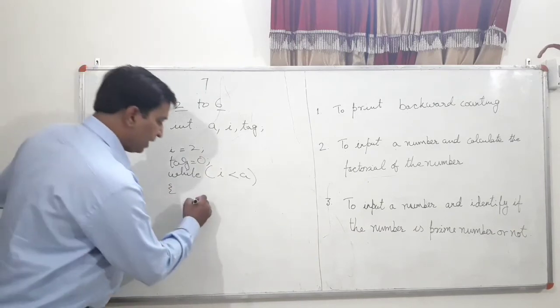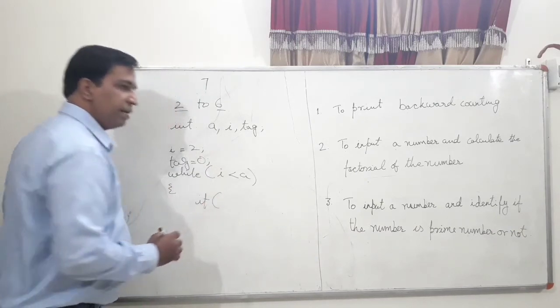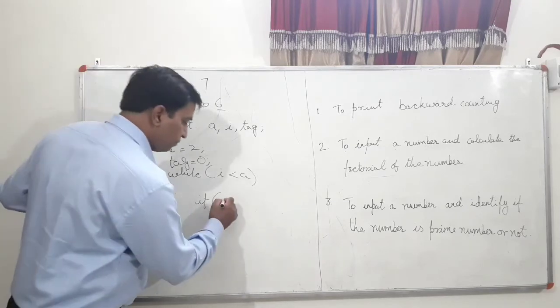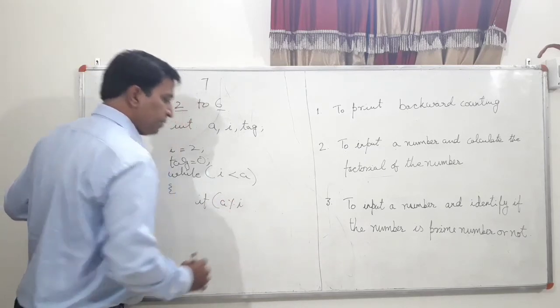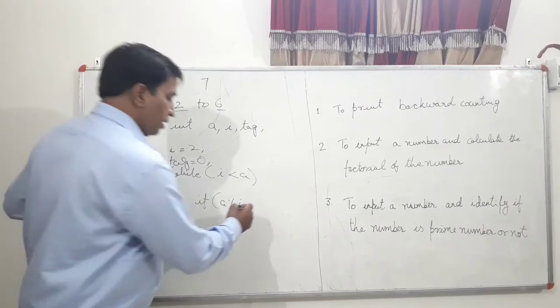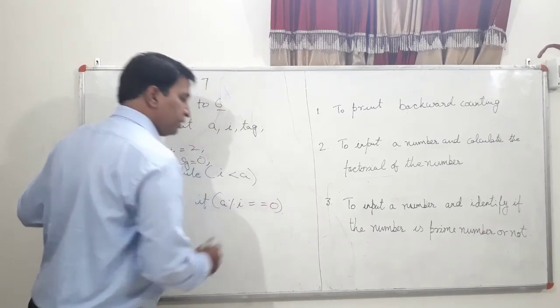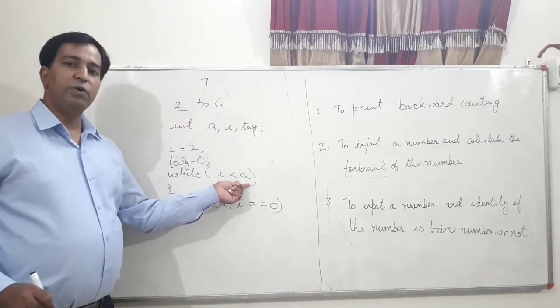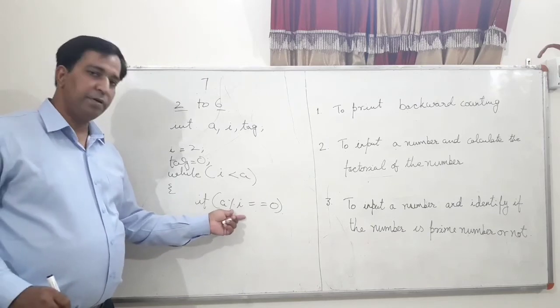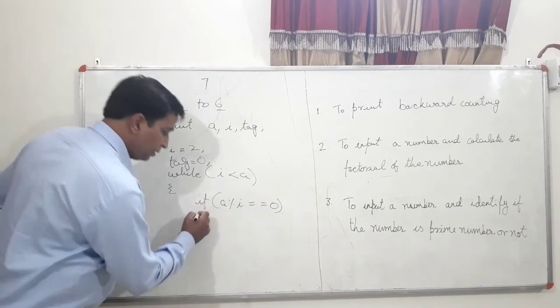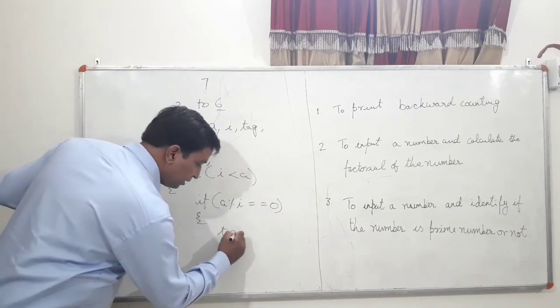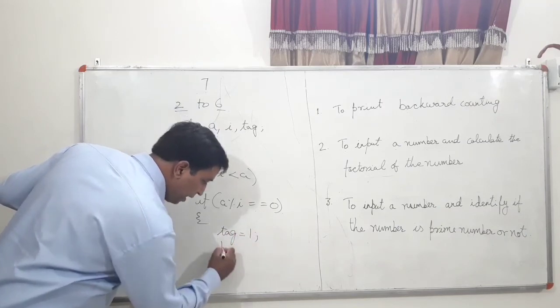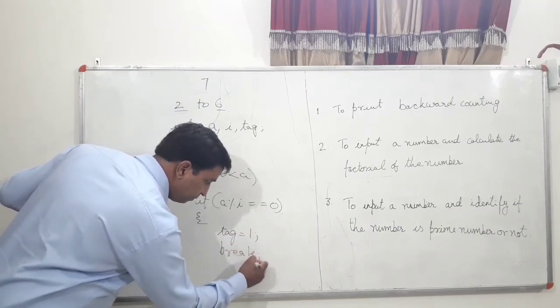Okay. Now inside the loop we will run if a%i, this will give us remainder. If remainder is equal to 0, that means a's value has been divided by some other number. If this happens, then tag is equal to 1 and break.